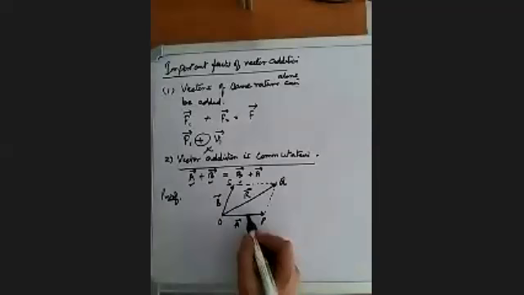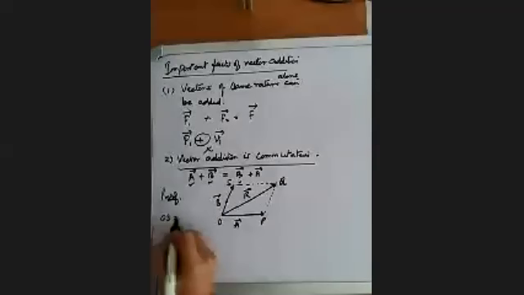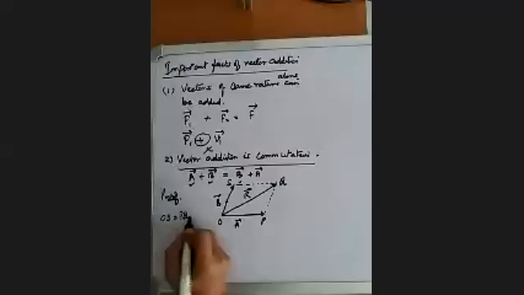Side OS is equal to PQ because these two are equal and parallel. So this is similar to vector B. Now this is A vector, OP vector is equal and opposite to this SQ vector, which is equal to A vector, and this is B vector, and this is A vector. Now consider first triangle OPQ.